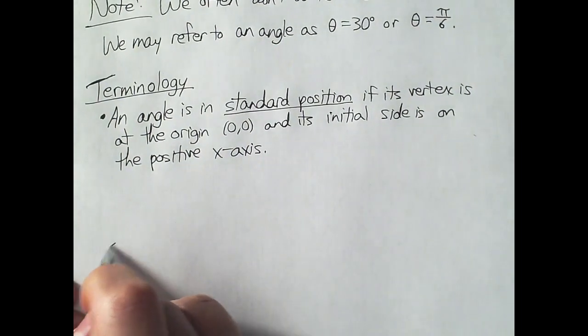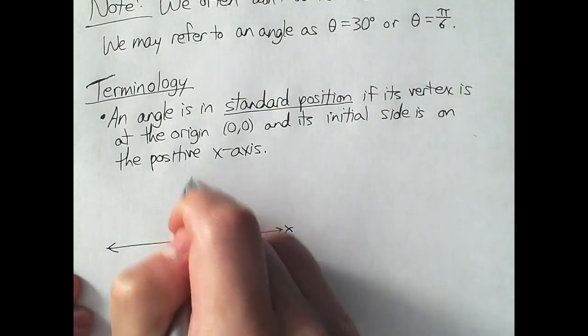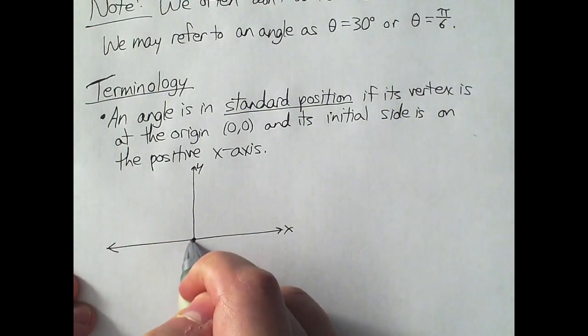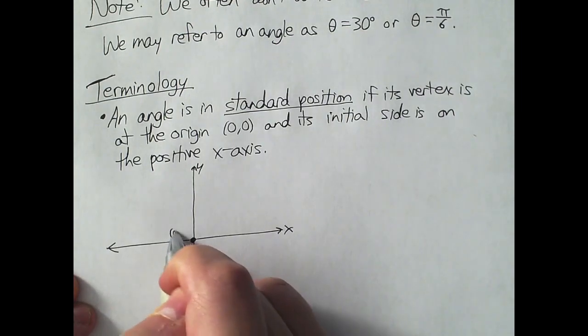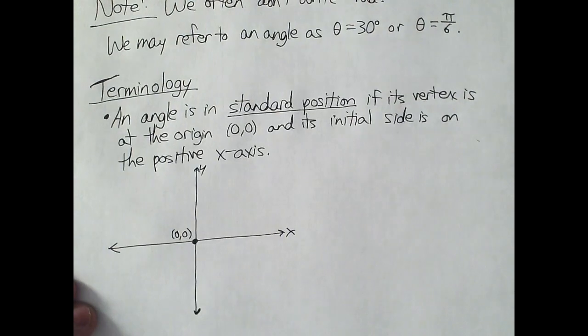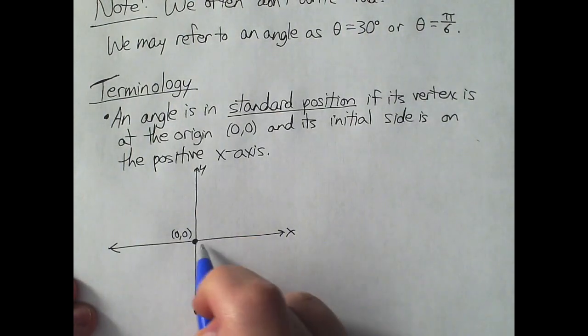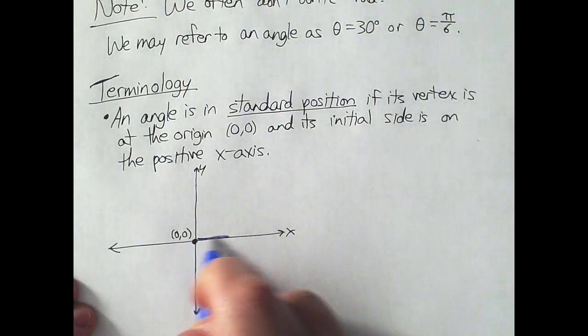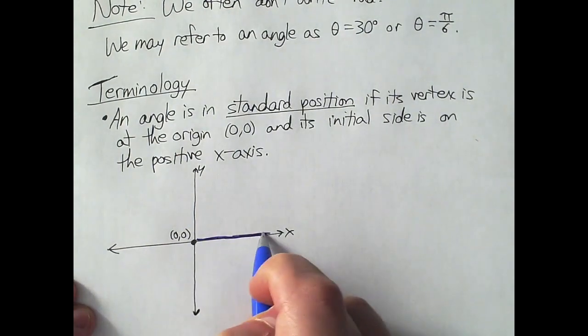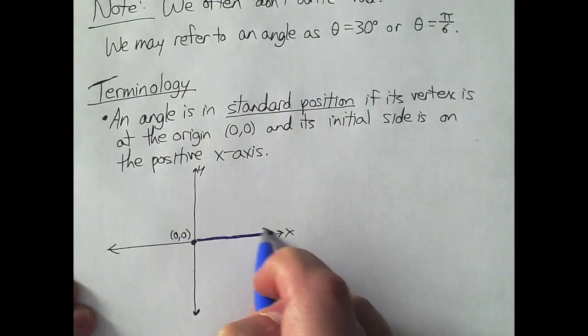So I'm going to draw a picture here of the x-axis, the y-axis. Here's the origin, 0, 0. And I'm going to draw an angle. Now, an angle needs an initial ray. And we're saying that that needs to be on the positive x-axis, right?